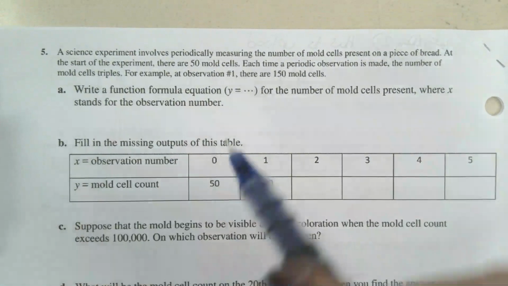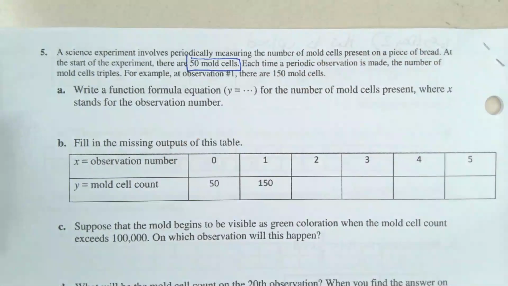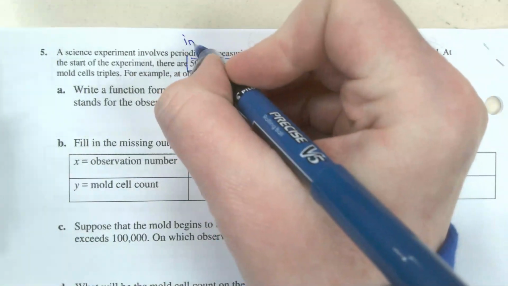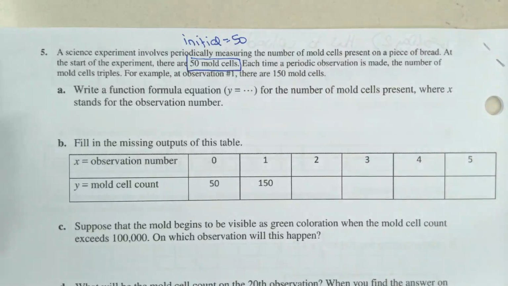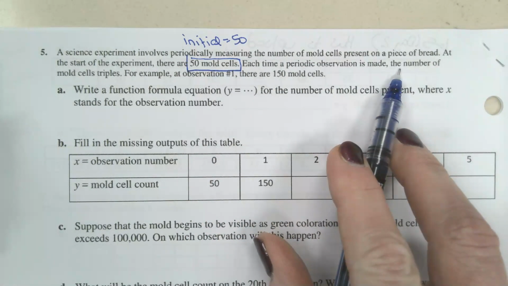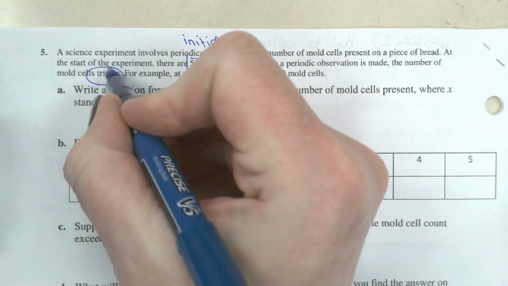At the start of the experiment, there are 50 mold cells. All right, so that says that my initial amount is 50. I don't know which one I'm using yet. Each time a periodic observation is made, the number of mold cells triples.